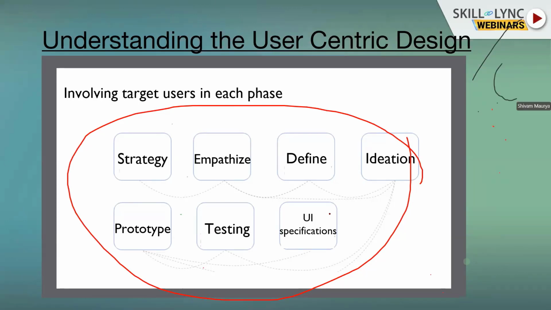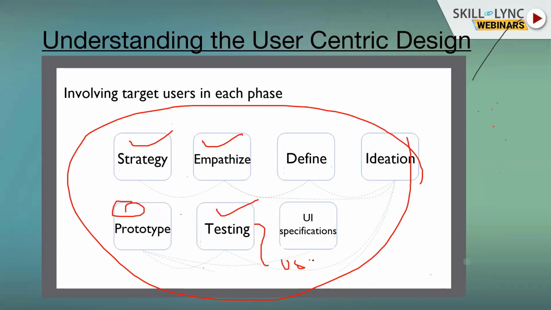So it means that you have a strategy plan, you have empathize where you do the research, then you have a definition, and you do the ideation. Here we will go through each and every slide, how we can achieve that. When we do the prototype, you come up with testing. When I say testing, the testers are the users.